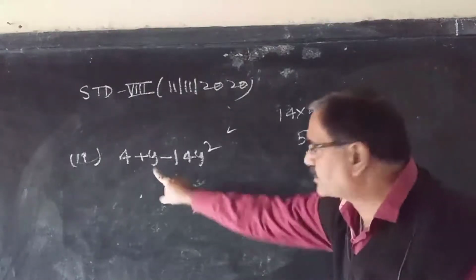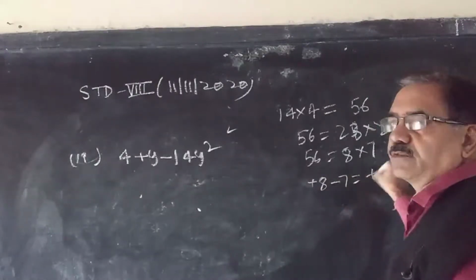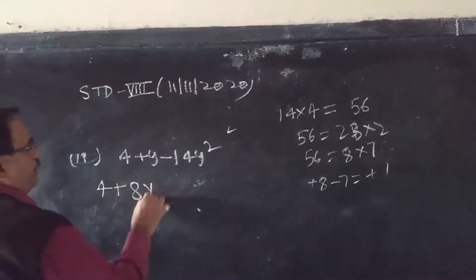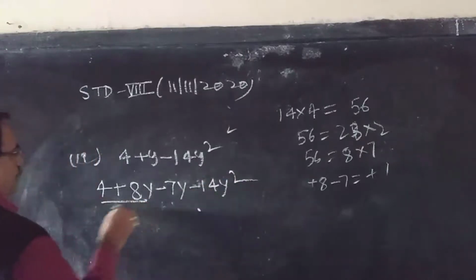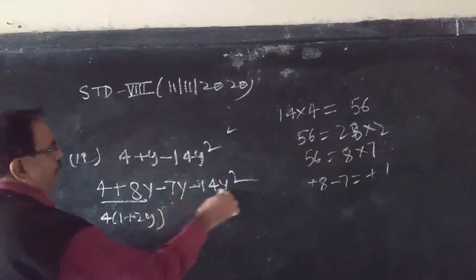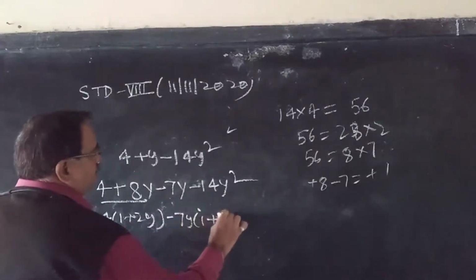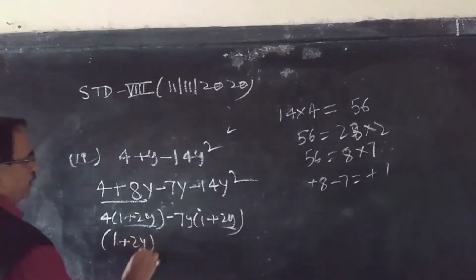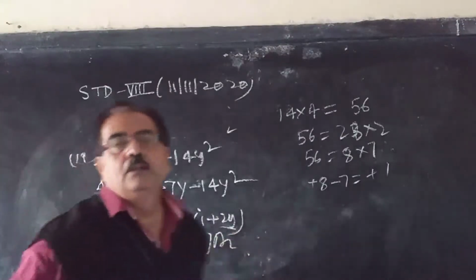Right? We want plus 1. So which will we take? Plus 8 minus 7, that is plus 1. So we will write here 4 plus 8y minus 7y minus 14y squared. What is common? 4, so 1 plus 2y, and what is common here? Minus 7y, so 1 plus 2y. On the whole common is 1 plus 2y and 4 minus 7y. This is our answer.